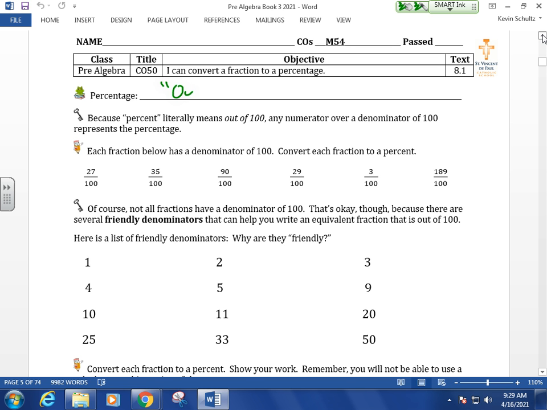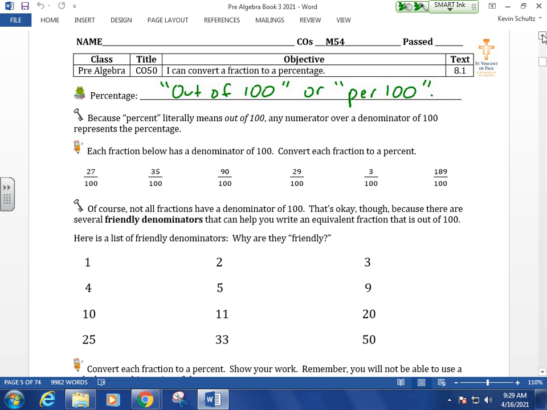Percentage means out of 100 or per 100. It's not a coincidence that pennies are also called cents, right? Because it takes 100 cents to make a dollar, make a whole. So per cent, out of 100 or per 100.